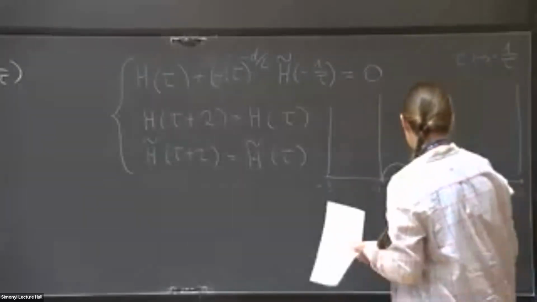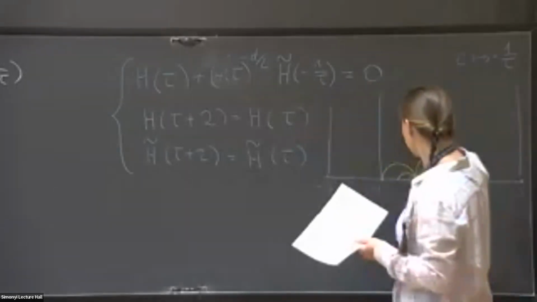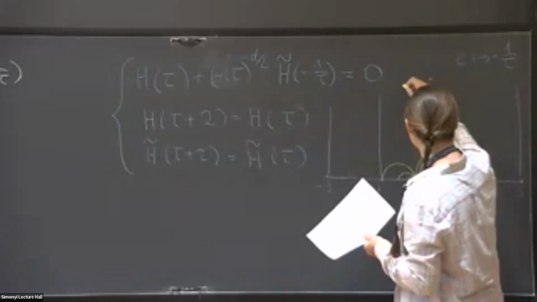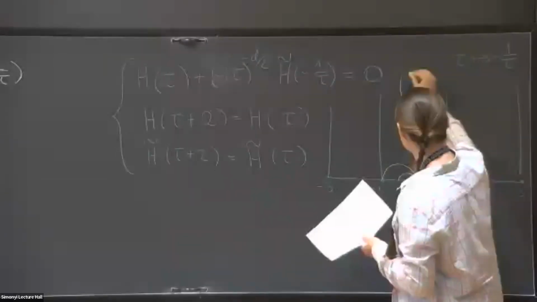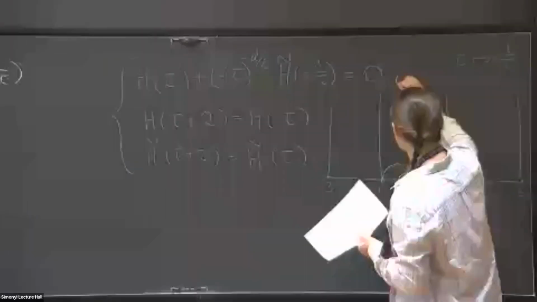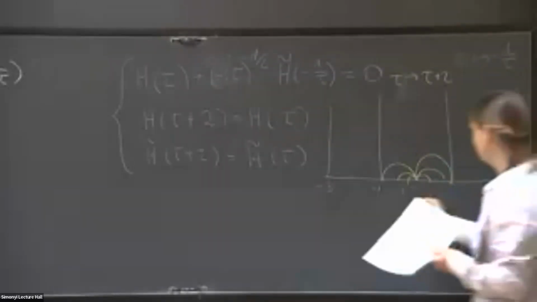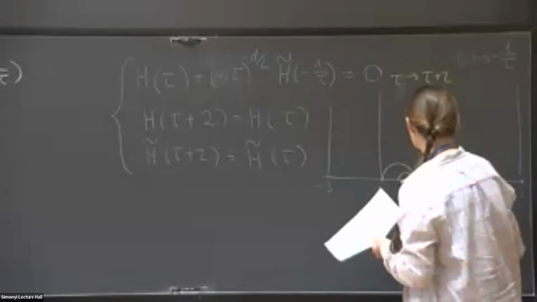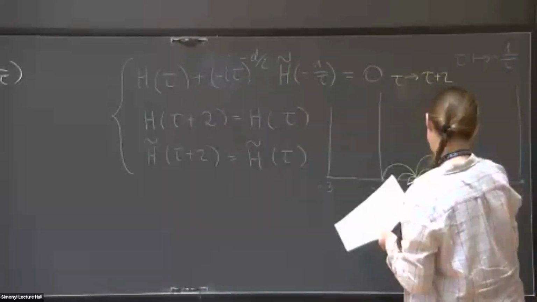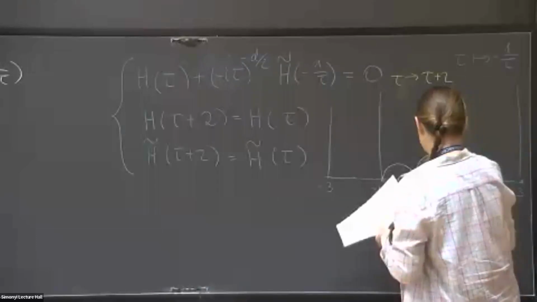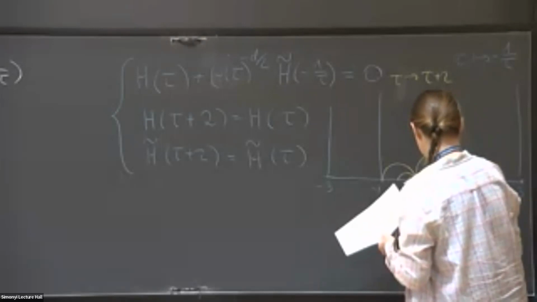And so here a very nice thing happens: these two transformations, the linear fractional action by tau goes to tau plus 2 and tau goes to, I think, like this.